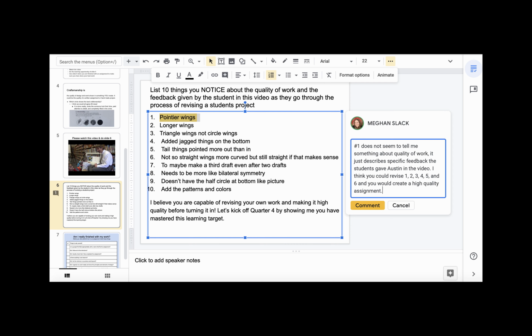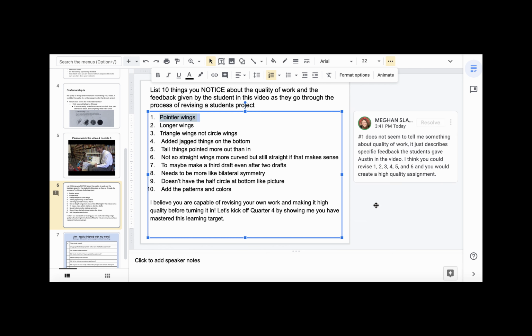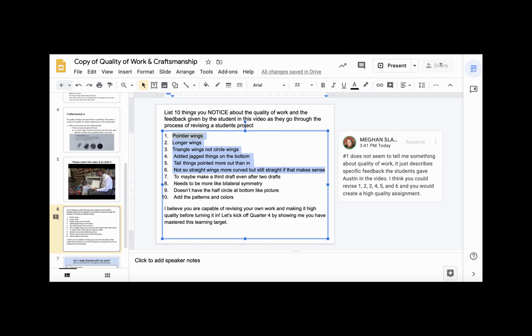You could go through and comment on little things specifically, or you could do like I did. I noticed that a lot of these things were all the same, so I could have highlighted all of these and made one comment. It depends on how you want to do it. What I'd like you to do is share your presentation.